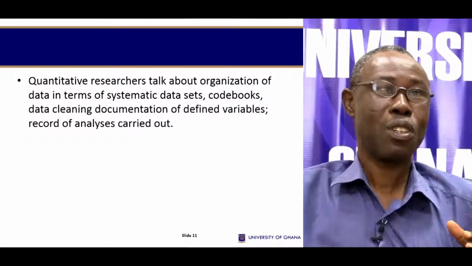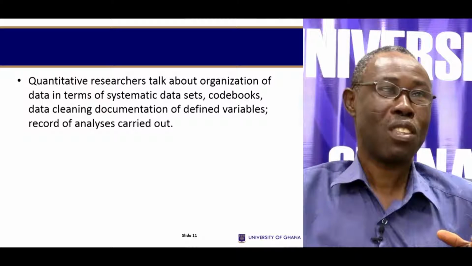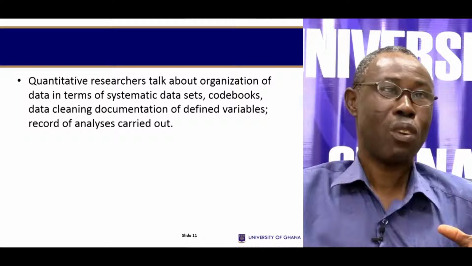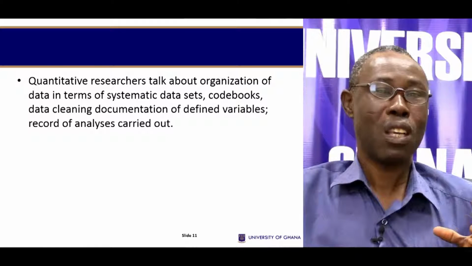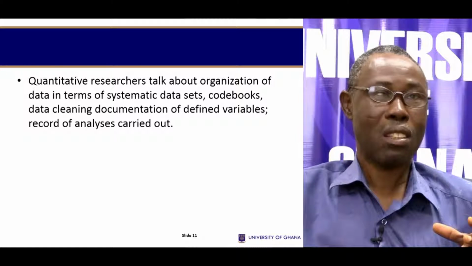In quantitative research, many of the things that we talk about come from the documents that we receive from the field. And these are basically from questionnaires or major interviews that we use schedules that are normalized.